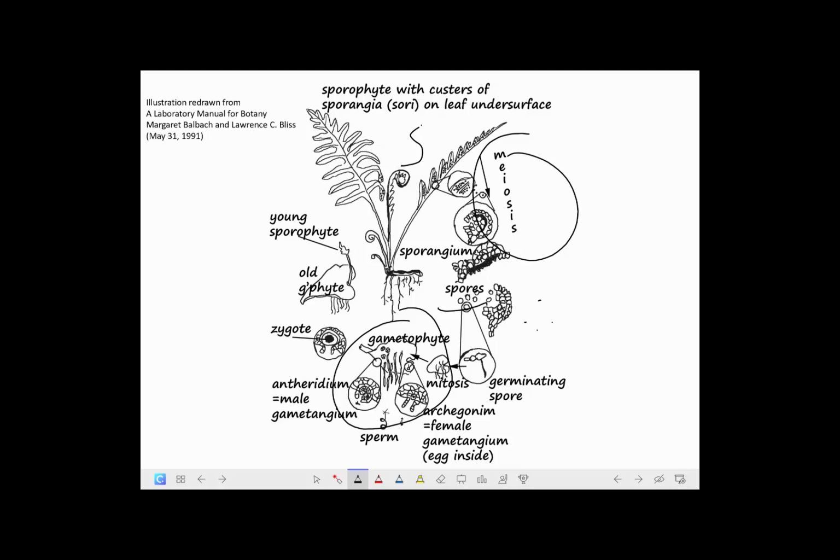These spores are all the same, and they produce gametophytes that are bisexual. There are no separate male and female gametophytes in many ferns and many lycophytes, but in seed plants, they have different types of spores that produce male and female gametophytes. So this is the fern life cycle that we already have some familiarity with. Let's look at some pictures.